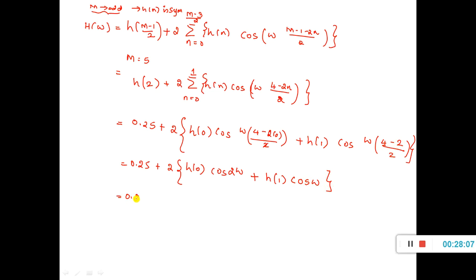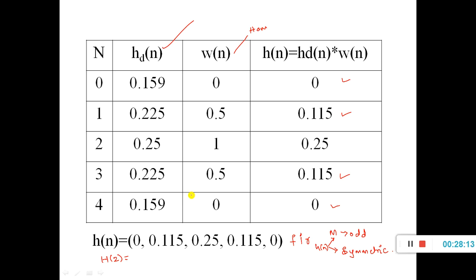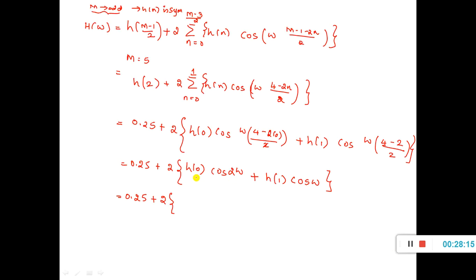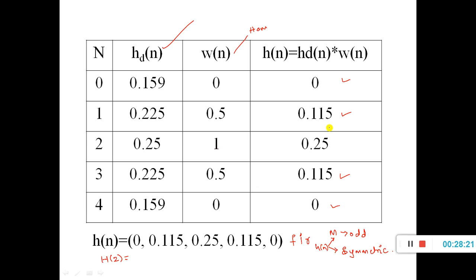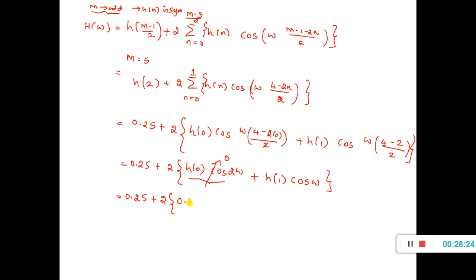And finally, I can write this as 0.25 plus 2 into h of 0, which is 0, so this entire component goes to 0, plus h of 1, that is 0.115, cos of omega, right?